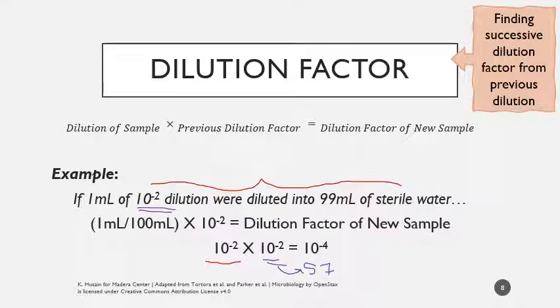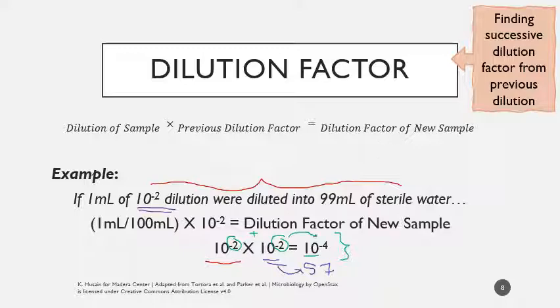So when you multiply exponents, you actually add them. If they have the same base, you don't have to change anything about that 10. What you can do is take minus 2 and minus 2, add them together, and you get minus 4.